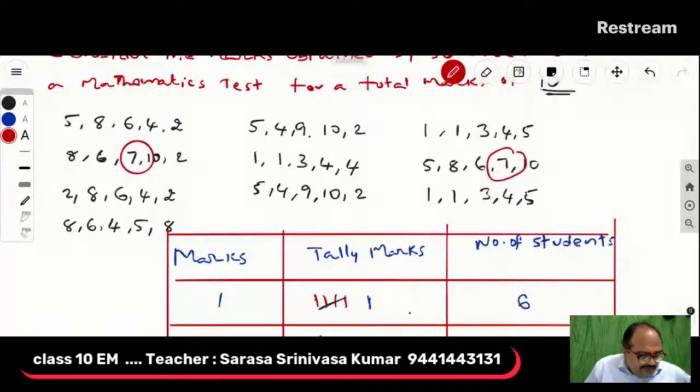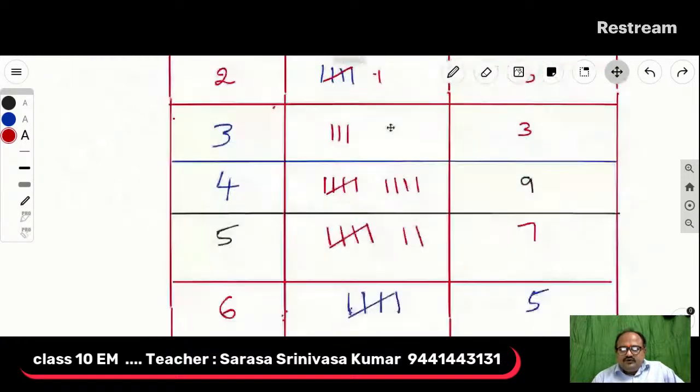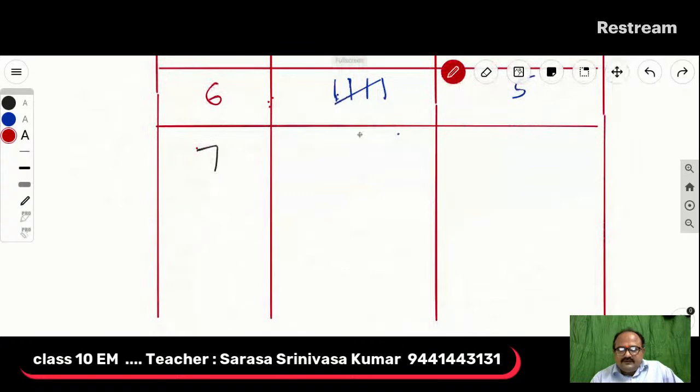So how many students got 7 marks? Two students got 7 marks. So we write two tally marks. In the marks column we write 2.